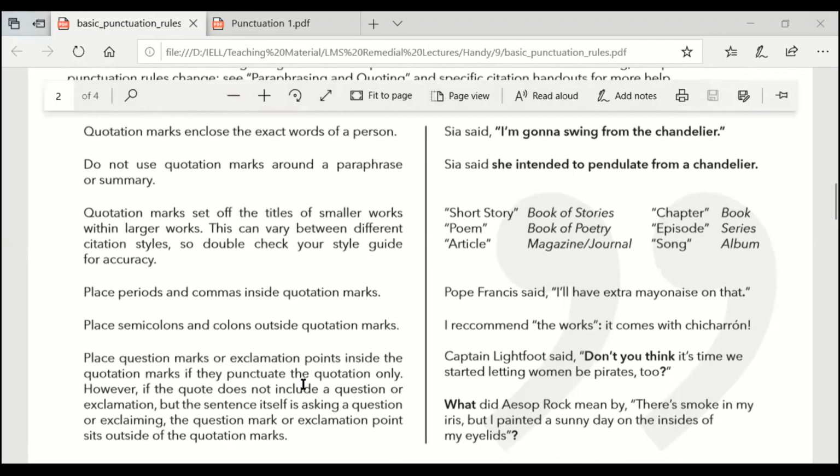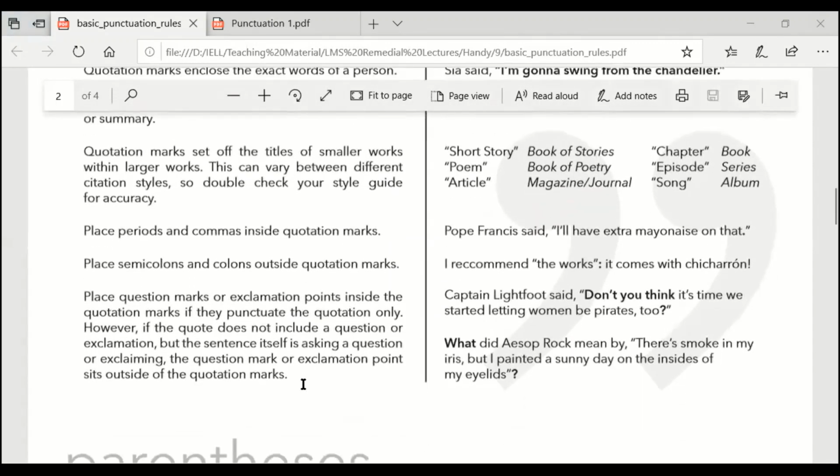Okay, place question marks or exclamation points inside the quotation marks if they punctuate the quotation only. So these punctuation marks, like the question mark here, if they are punctuating the inside of the quotation, if that question is the exact words, then we would use them inside it.